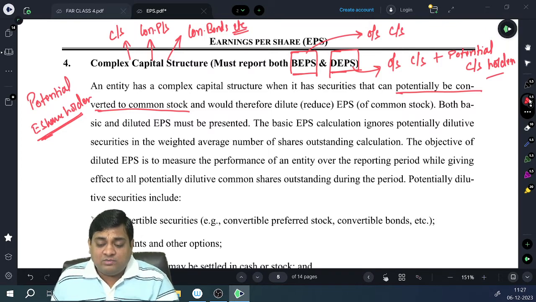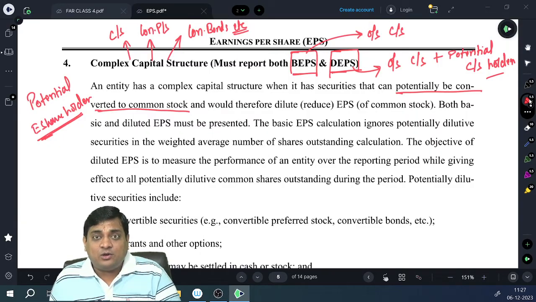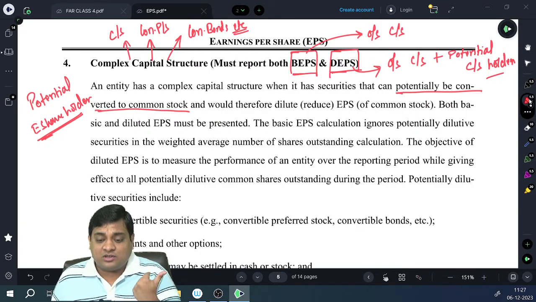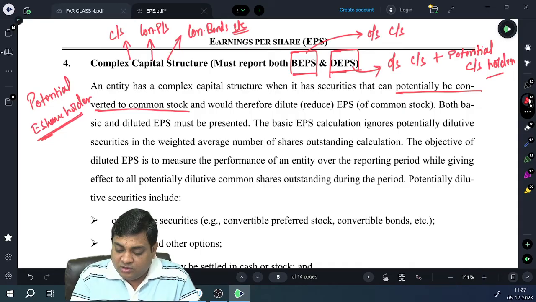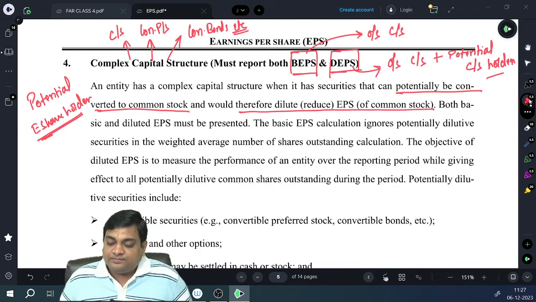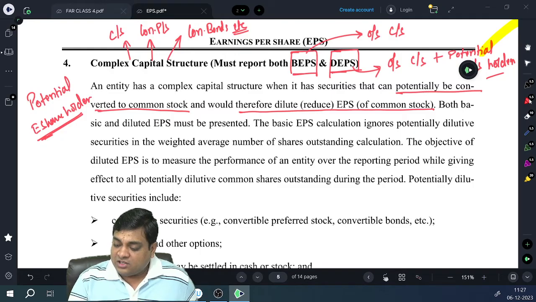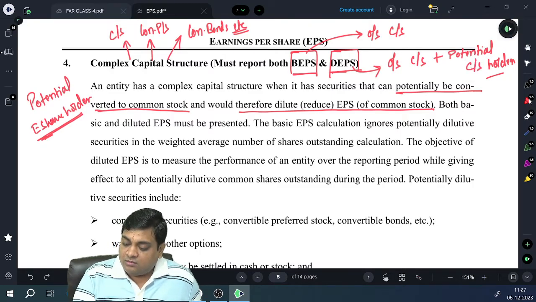So we have to assume that if these potential common stockholders are converted into common stock today, then earning per share will dilute, and we need to show the effect of dilution. Would therefore dilute earning per share. For entities having a complex capital structure, both basic and diluted must be presented.